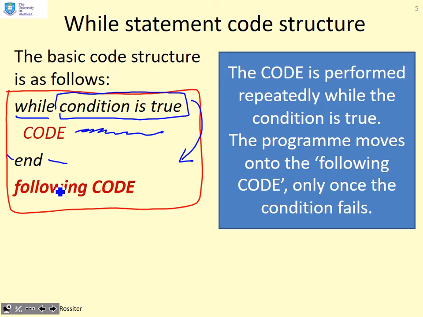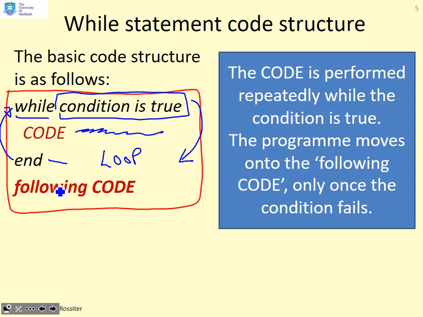When you get to the end statement, you go back to the while statement and say, is the condition still true? If the condition is still true, run the code again. Get to the end statement and then go back to the while. Is the condition true? If it's still true, run the code again. So you can see, in essence, you end up here with a loop.